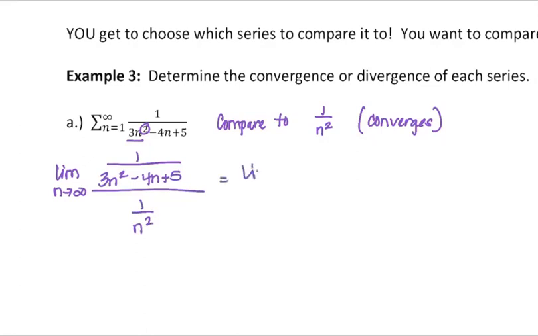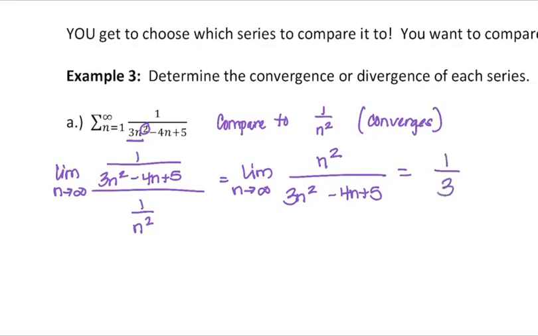That gives us the limit as n approaches infinity of, keep, change, flip, n squared over 3n squared minus 4n plus 5. This is where our limits at infinity are really important because this comes out to 1/3. That is finite and it is positive. So that means that our two series behave the same.